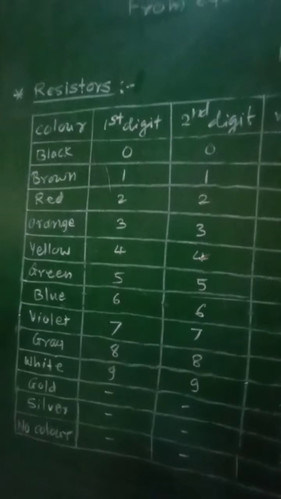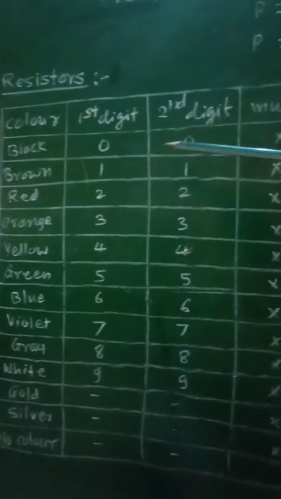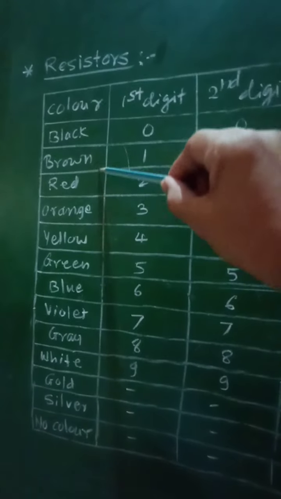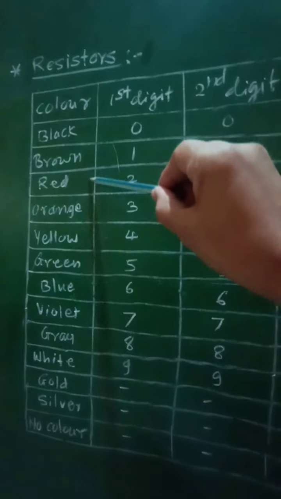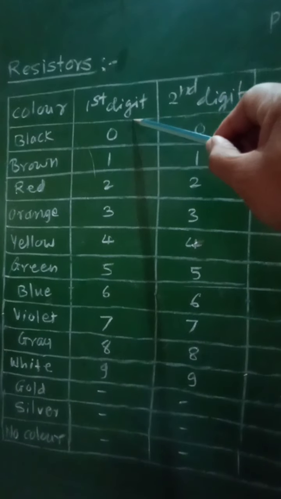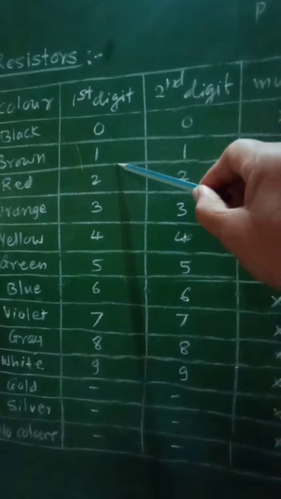In order to find that value, here one table is given. It has a total of 5 columns. The first column contains the color, which will be marked in the form of rings on the body of the resistor. Then the second column is the first digit, which gives us the first number in the value of resistance.